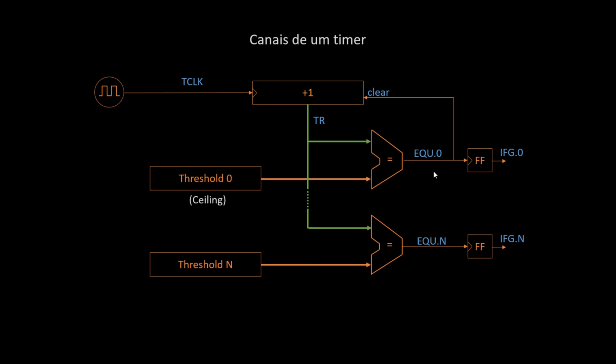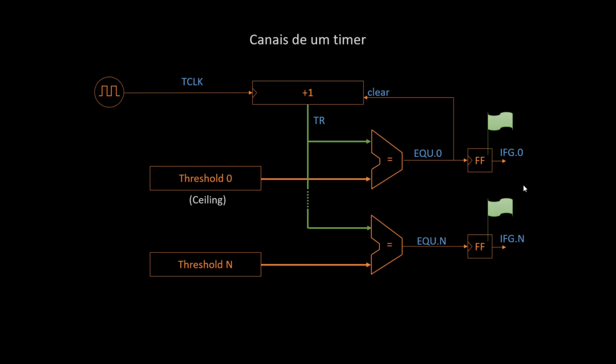Also, each equal sign will generate an interrupt flag, a signal which will stay equal to 1 until the processor clears it. So this is an interesting feature that we will use to signal to the processor that the timer has reached a given amount of time, has counted a given amount of time.